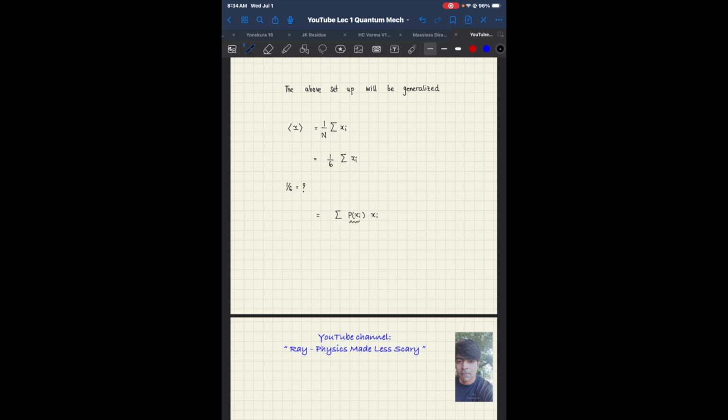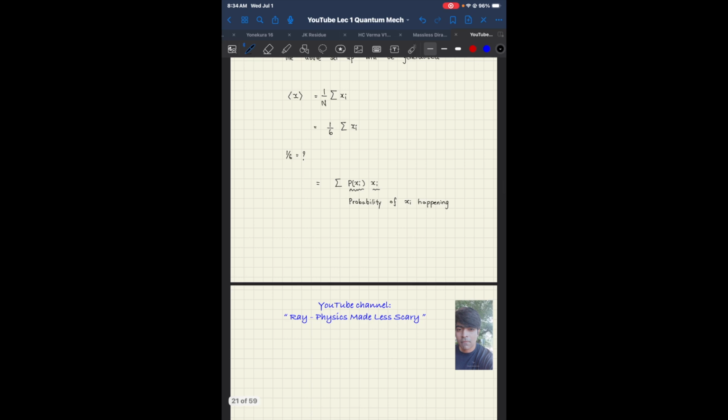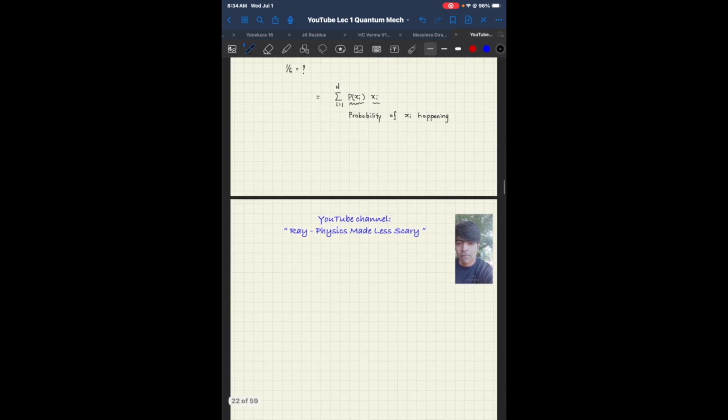So probability, this means probability of event xi happening, and this is the value, of course, which you have seen so far, sum over all, say, n in the general case, 6 in the case of dice.